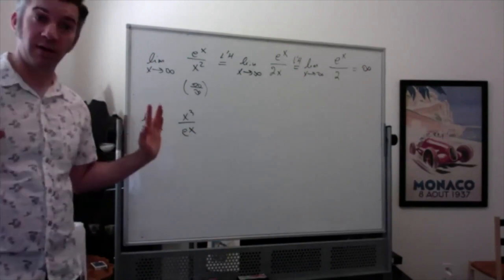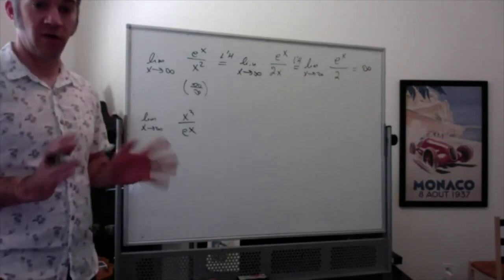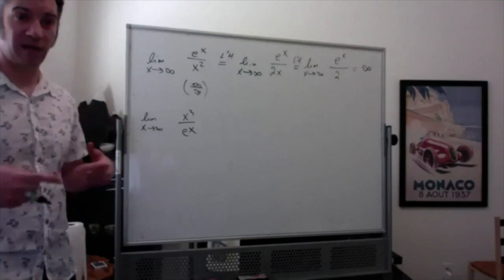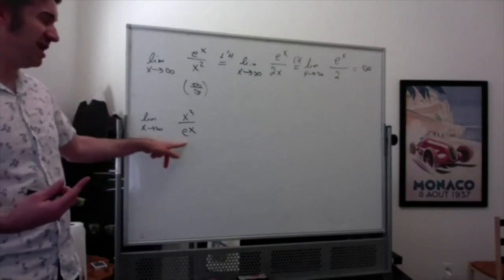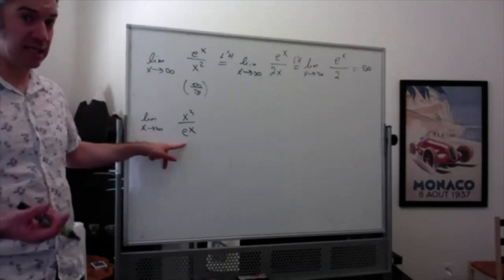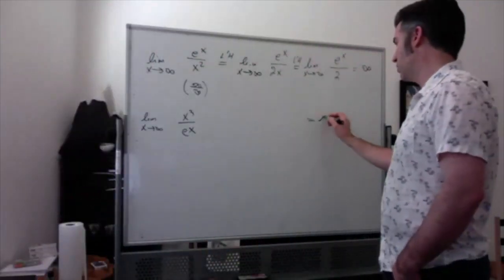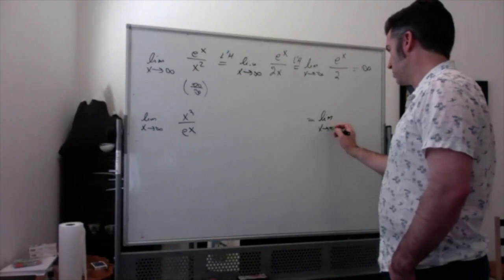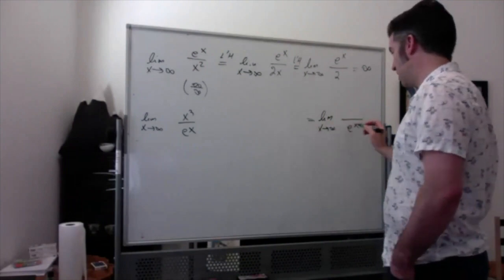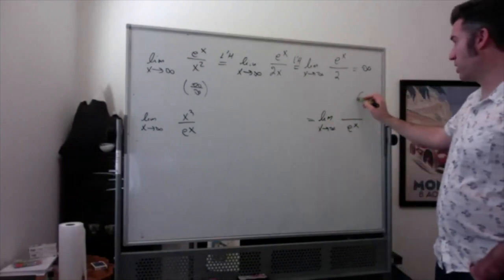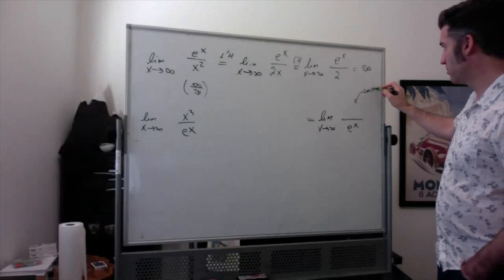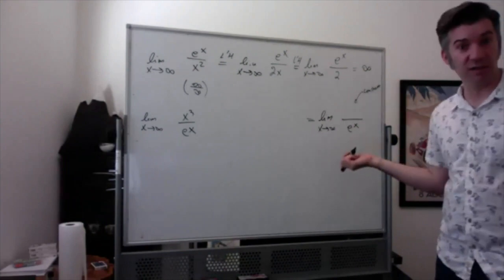That's true for any polynomial. For any positive integer power of x, if you take enough derivatives, you get to a constant. Whereas with e to the x, the derivative is always e to the x. So after so many steps, the denominator is still e to the x, and the numerator is some constant, which means this one's going to be 0.